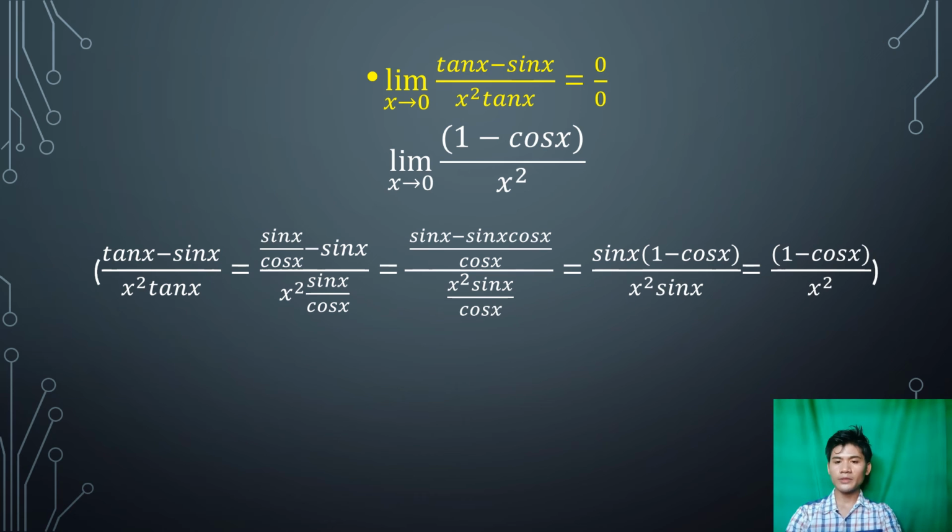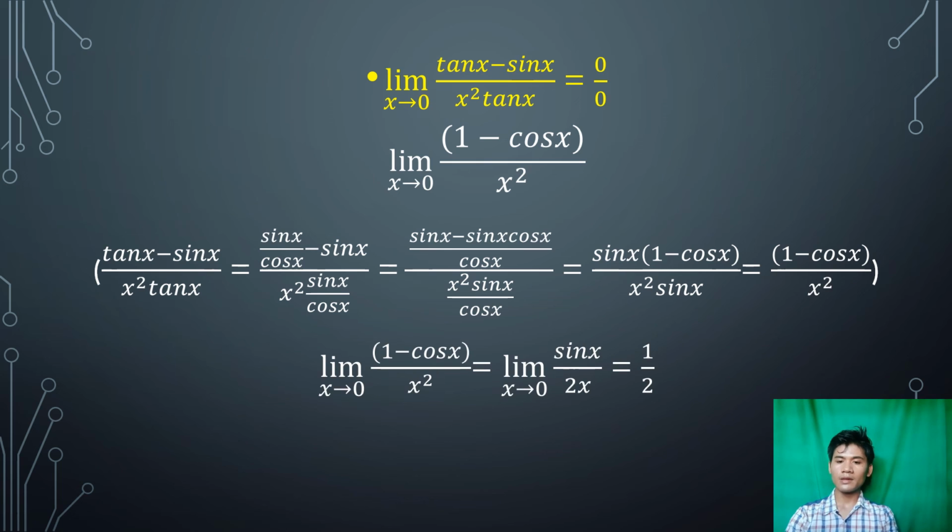Simplify, so we come up with sine x minus sine x cosine x all over cosine x, all over x squared sine x all over cosine x. Simplify again, and we come up with sine x times the quantity of 1 minus cosine x all over x squared sine x. Just cancel the sine x, so we have the remaining limit of 1 minus cosine x all over x squared as x approaches 0.